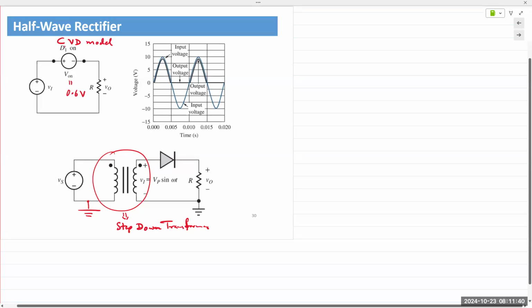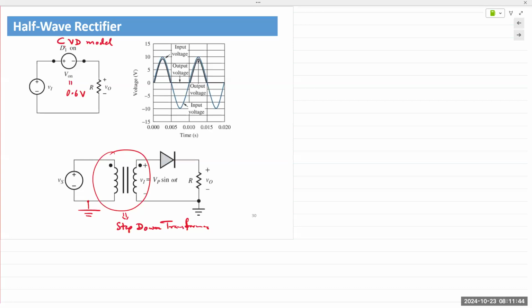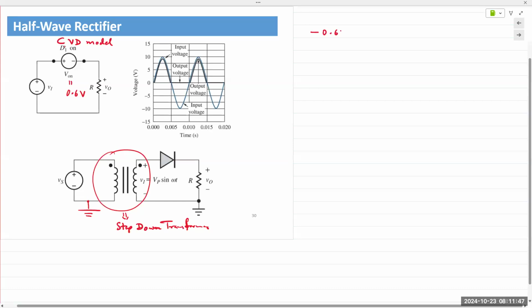Obviously, that depends on the kind of diode that you're using. And so 0.6 volts is required to turn on the diode.